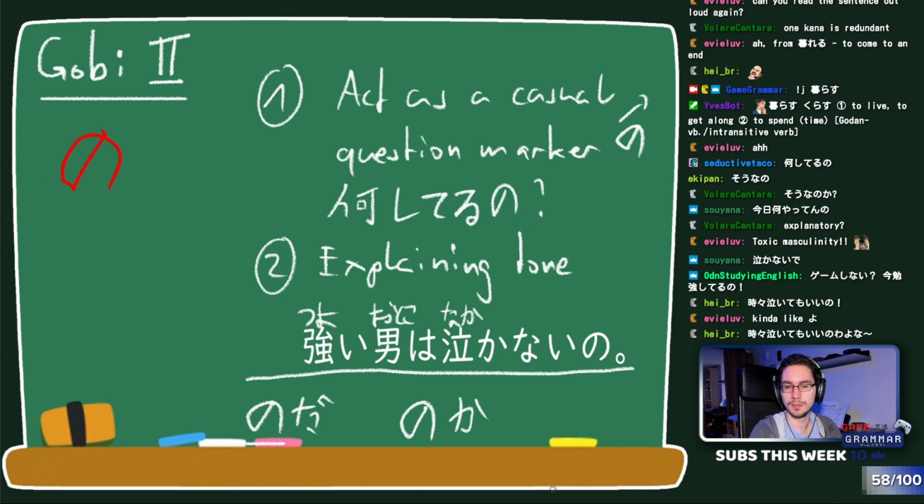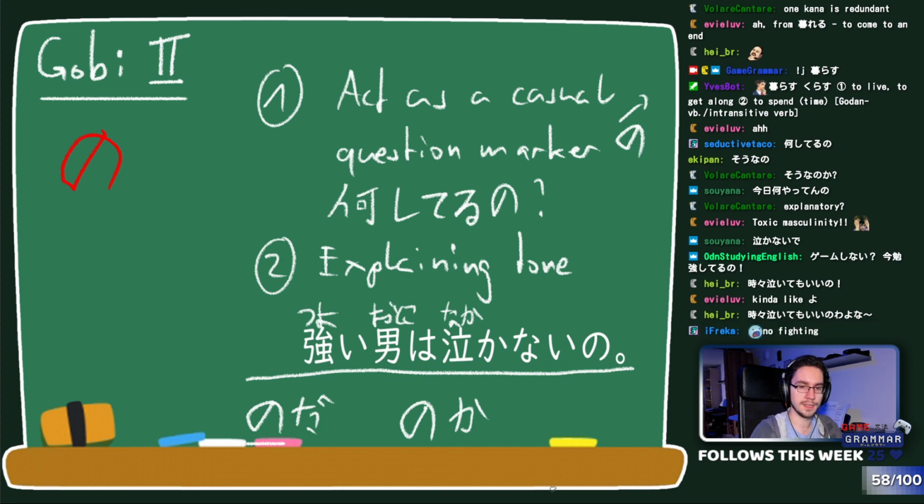Like, you have a problem? 問題あんのか? You'd often see the contraction of r to n in those phrases. Like やるのか, but you'd say やんのか. Or あるのか contracting to あんのか. 時々泣いてもいいのはよな. That's a bit much. I don't think you would say that. So that would be two more examples of including no.